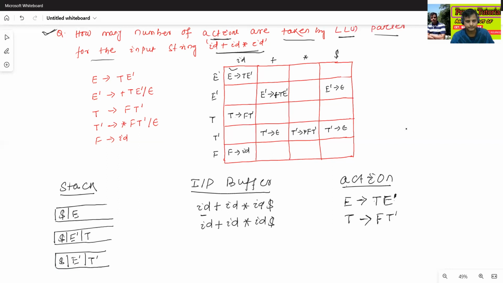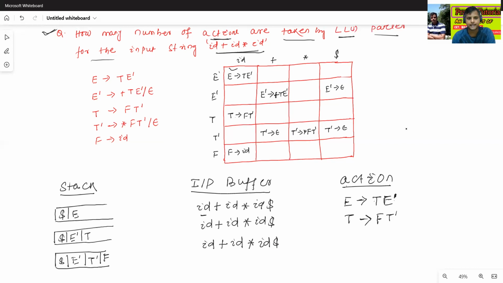Then the input is ID plus ID star ID dollar, right?